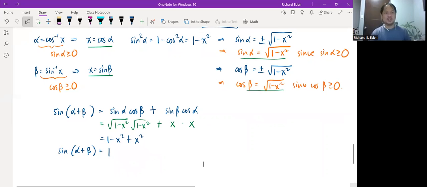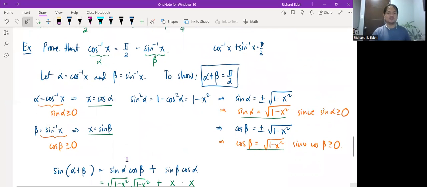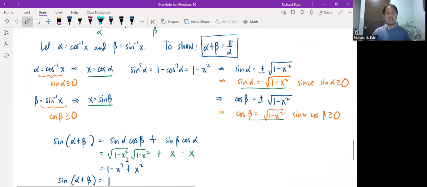So what we're going to do is go back to our definition of alpha and beta, because alpha and beta are not just any numbers. They are the outputs of a cosine inverse and a sine inverse.